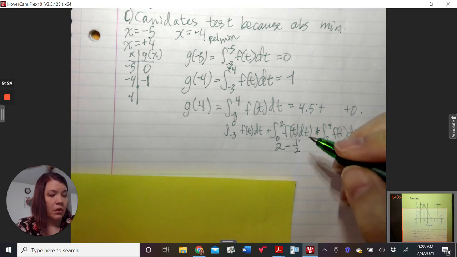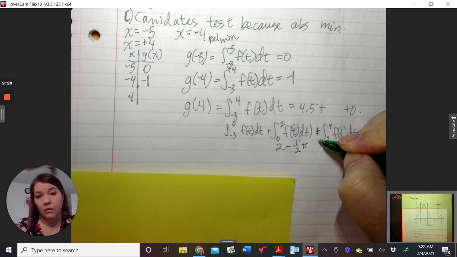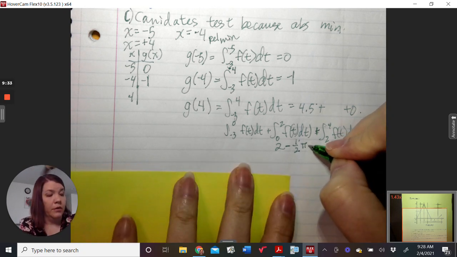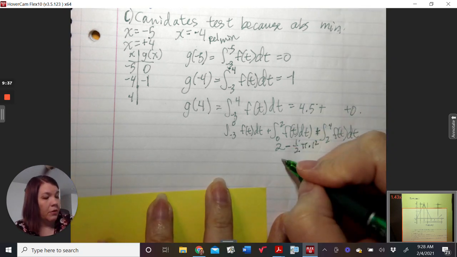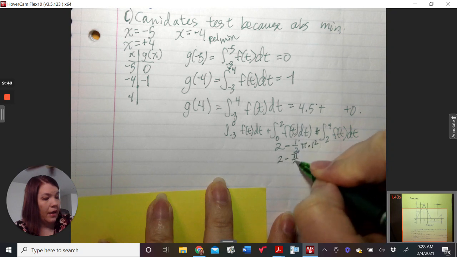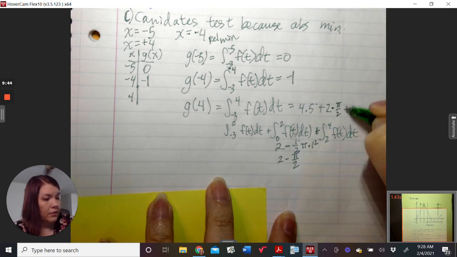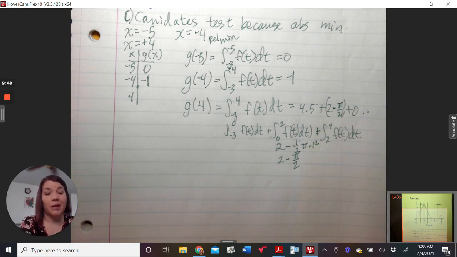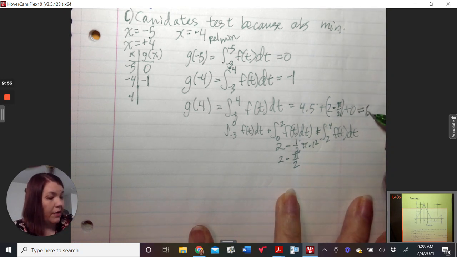The radius is 1, pi r squared, r is 1, and so that will give me 2 minus pi halves. That's my area in the middle. I can stop right here. That's my answer. I'm going to clean it up just a tiny bit and write 6.5 minus pi over 2. That's my area.